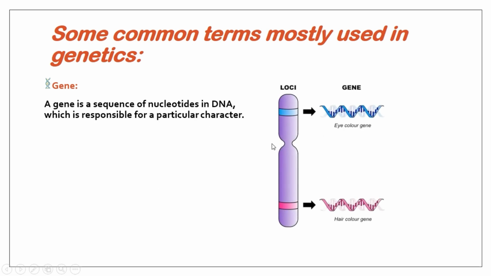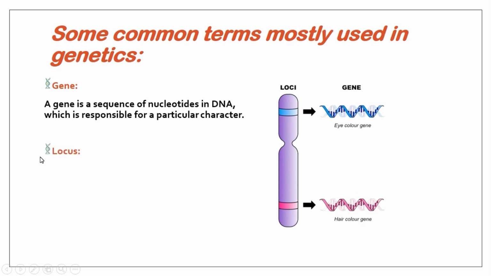For example, look at that chromosomal structure. In this chromosome, this region is a segment of DNA which is carrying the characteristics of eye color. So, this is a gene carrying a particular character. And again, this part of the chromosome is carrying hair color. So this part is the hair color gene.